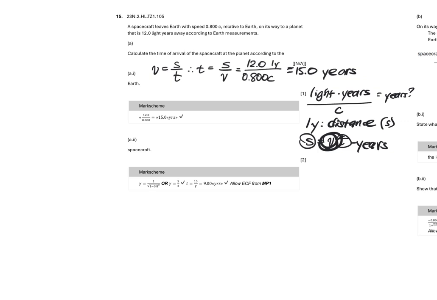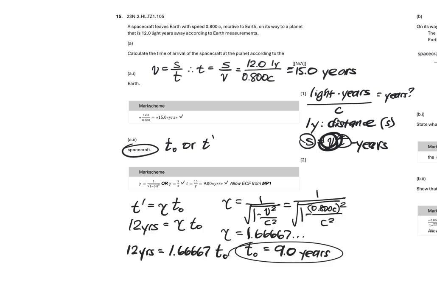Okay, so that's 15 years, but the spacecraft is going to see that as a dilated time, and the spacecraft is going to see t naught or t prime, that is the proper time. And so to figure out proper time, so yeah, 12 years is, wait a minute, why did I write 12 years?